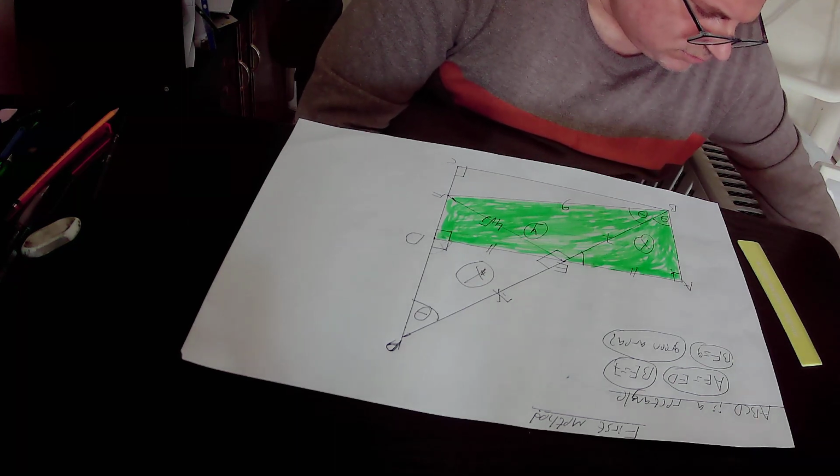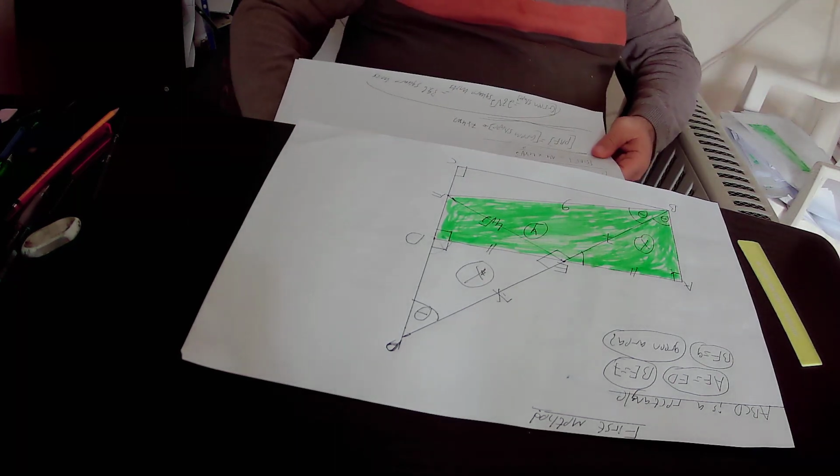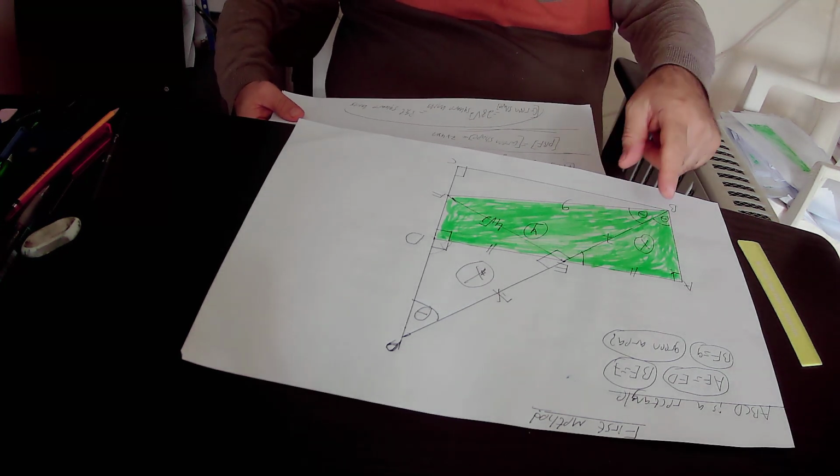Then I presented to you how to find out the area of this green shape according to a second method.